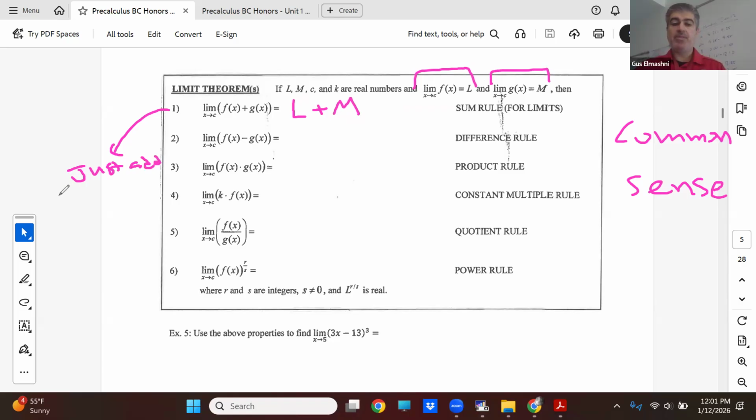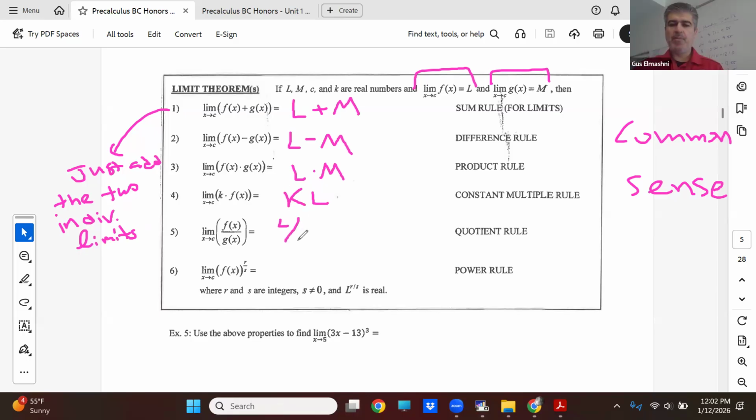But very important, each limit has to exist on its own. Just add them. That's all. Or just subtract them. Or multiply them. Or multiply by a constant.